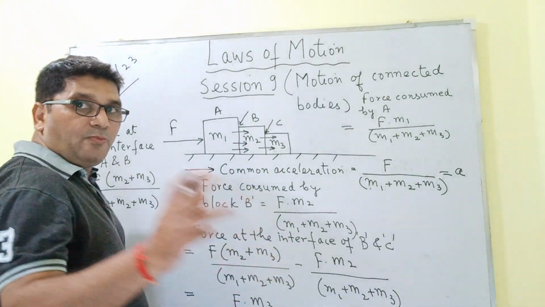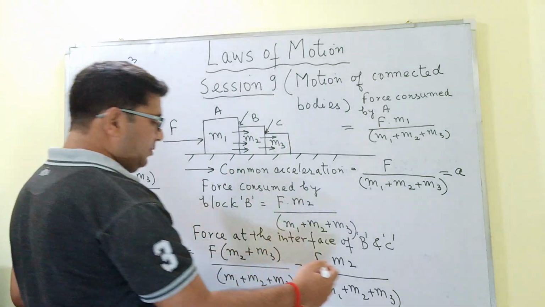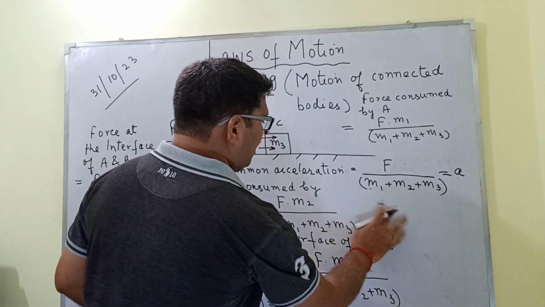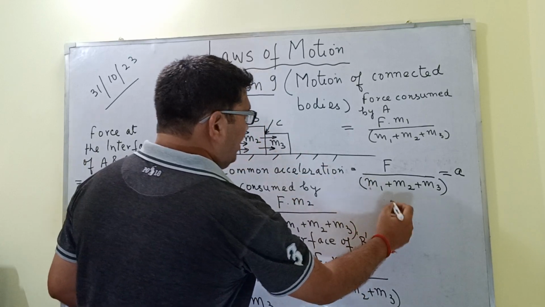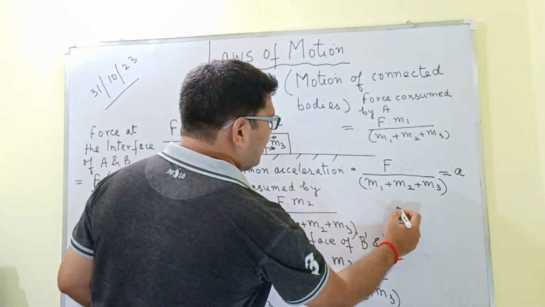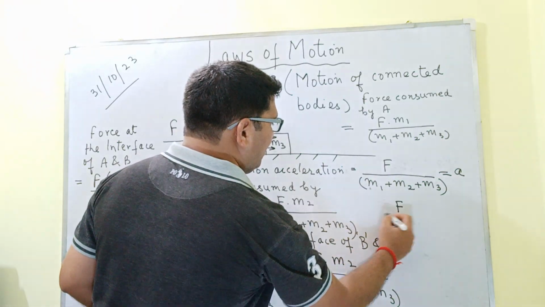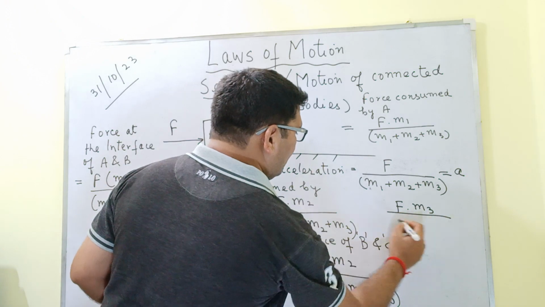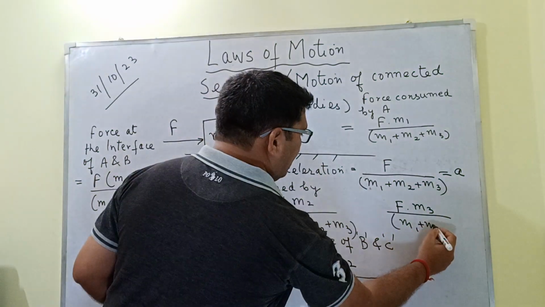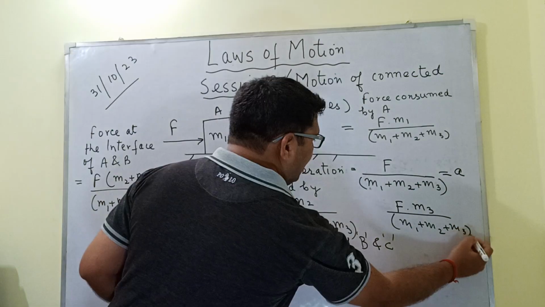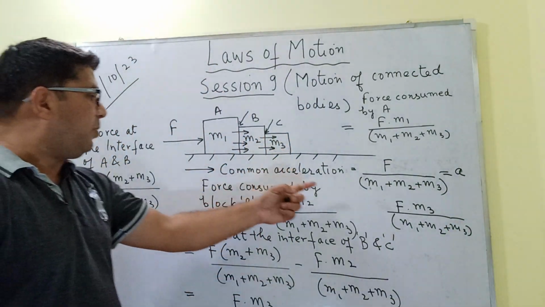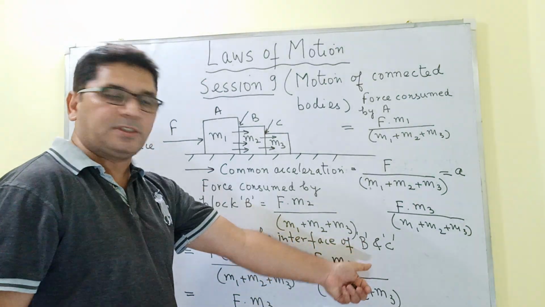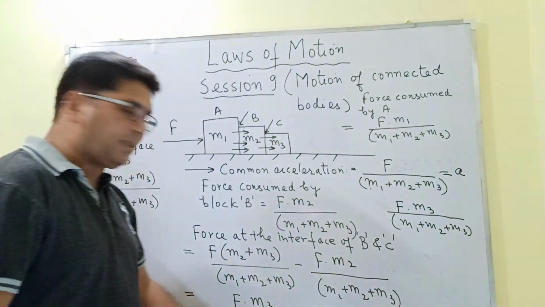Now similarly, the force consumed by the block C क्या होगा, this will be equal to the acceleration, that is F divided by m1 plus m2 plus m3, into m3। ठीक है। Or we can say that the force consumed by this block C will be equal to the force at the interface of B and C। ये देखो ये दोनों वैल्यूज बिल्कुल बराबर हैं.